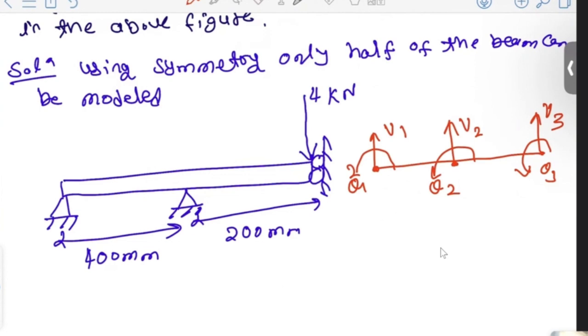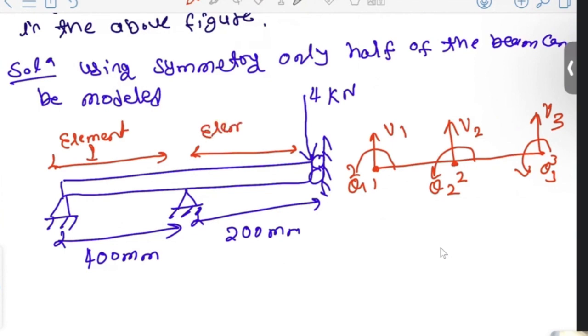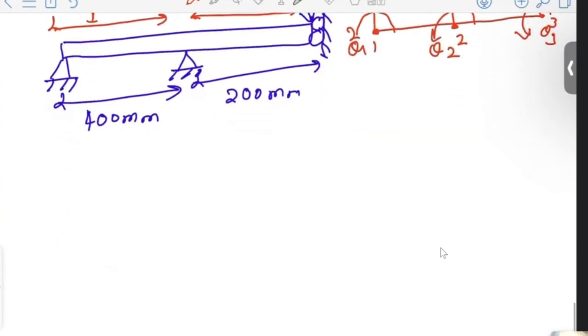Okay, fine. So now we have to find the stiffness matrix for each element. This is our first element, this is our second element. So element 1, this is element 2. For both elements we have to find the stiffness matrix.